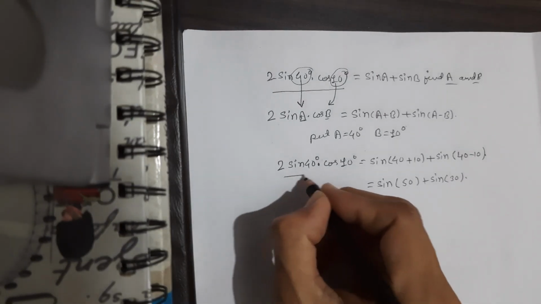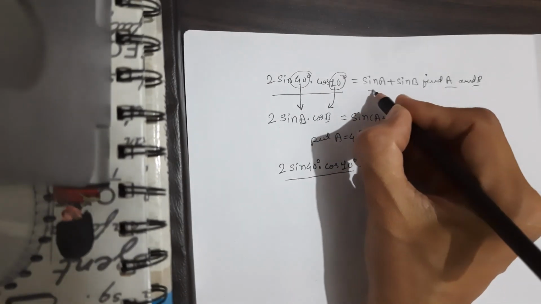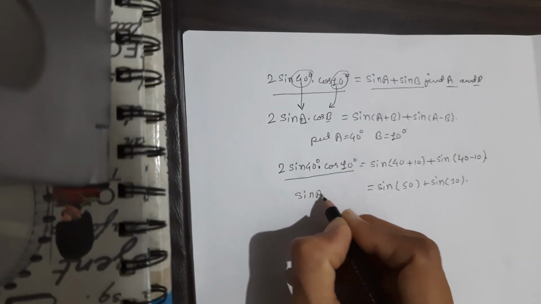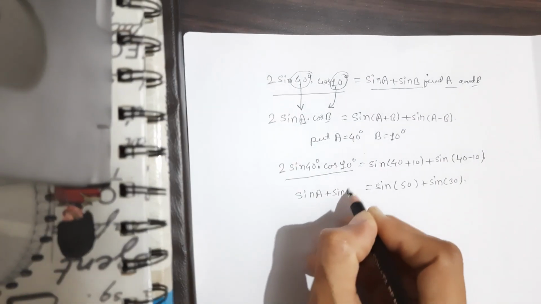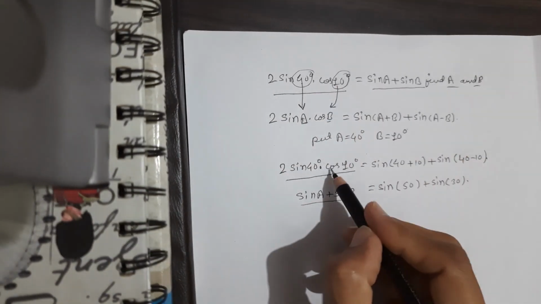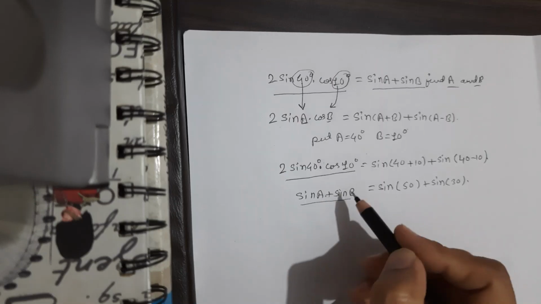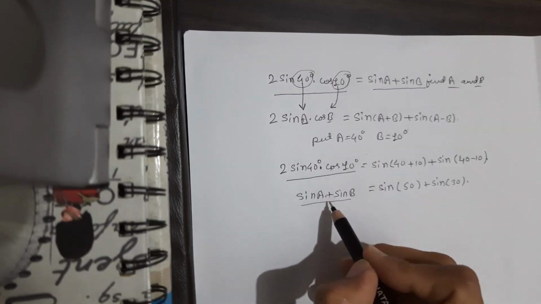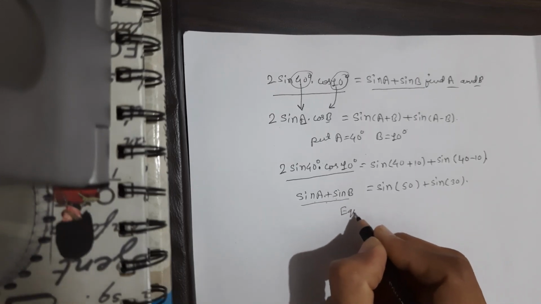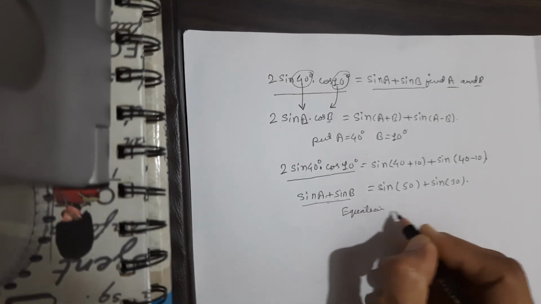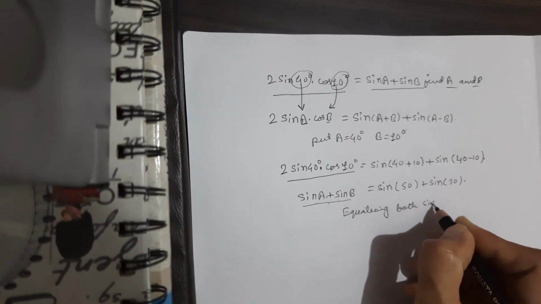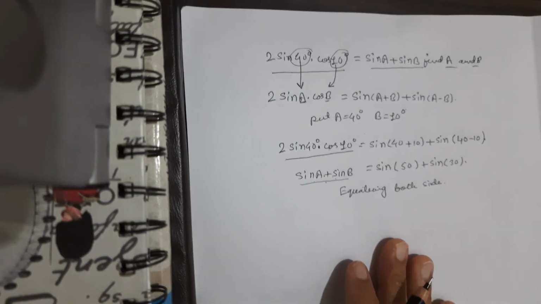Which is equal to sine 50 plus sine 30. And this value is given to me as sine A plus sine B, since these two are equivalent. Now equating both sides, what will I get?